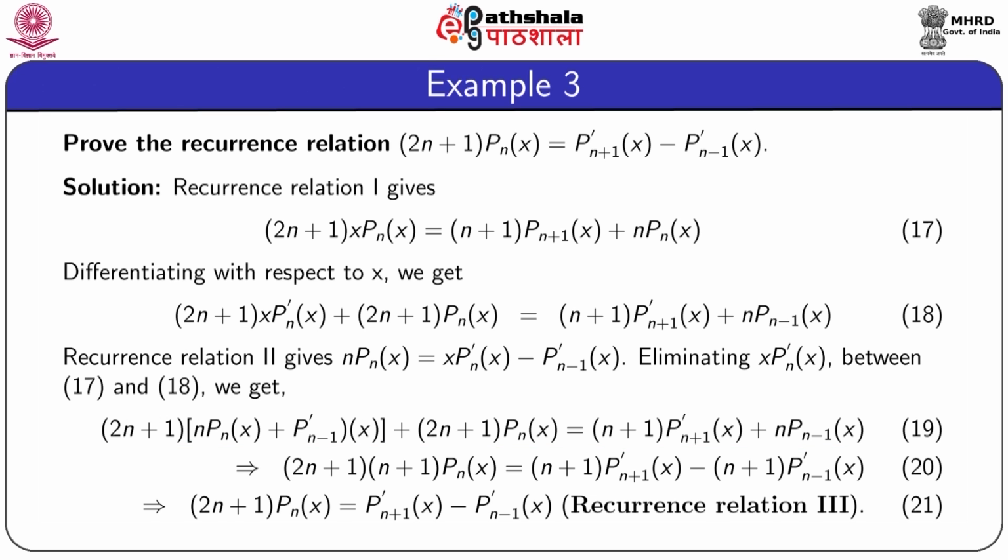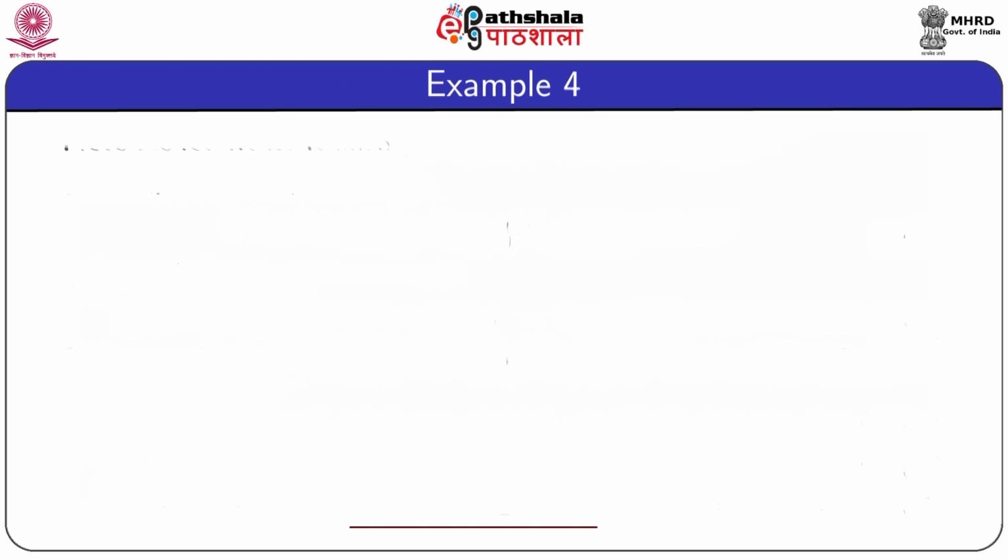And if you simplify that, you will get equation number 21, which is our recurrence relation 3, which is equal to 2n plus 1 p n x is equal to p dash n plus 1 minus p dash n minus 1 x.